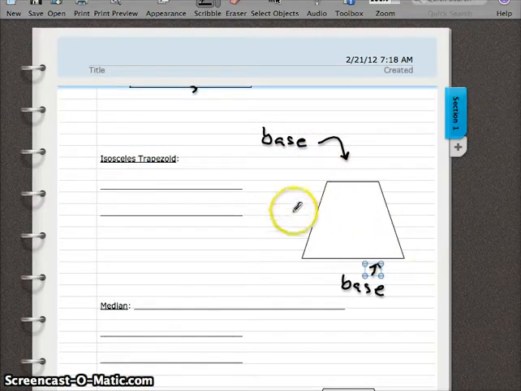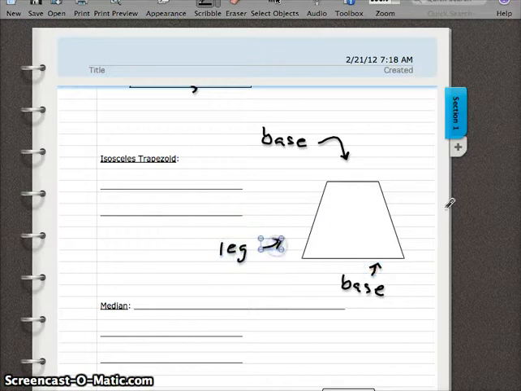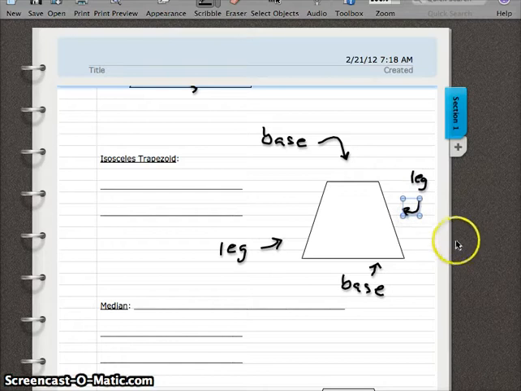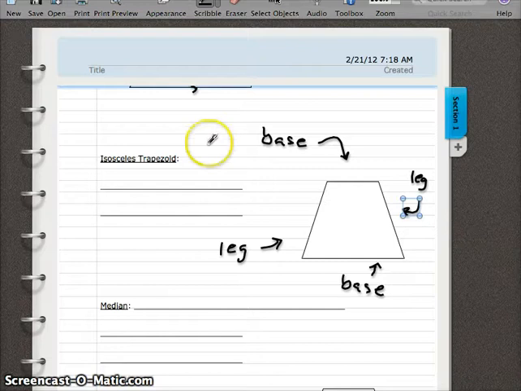Think of it as the parallel sides are called the bases. These other sides, the sides that are not parallel, are called legs. So here's a leg, and here's a leg. Now, as you can see, we're talking about two things that have the same name. So in order to tell the difference between the two things, we give them little subscript numbers.